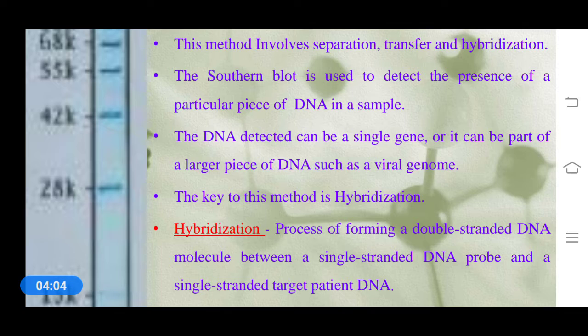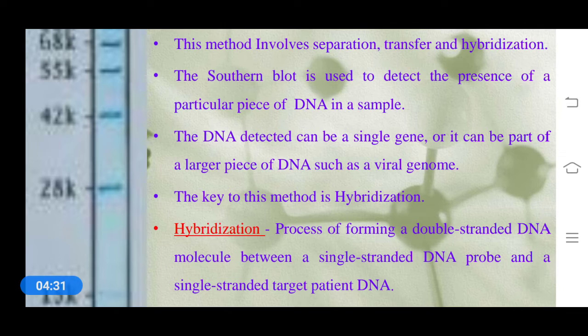These will be transferred onto nitrocellulose paper, and after transfer they will be hybridized with a radioactive labeled probe. The key method for southern blotting is hybridization.